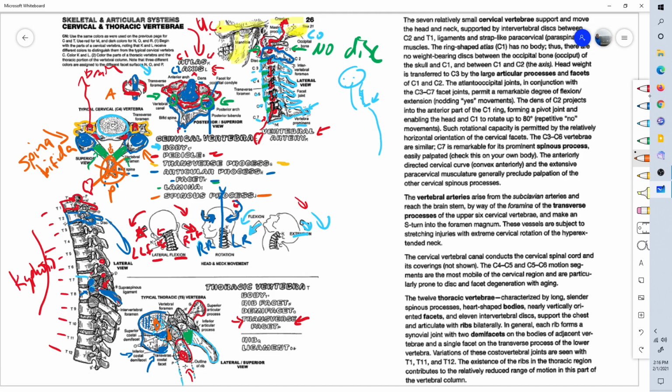Okay, next we have the articular process and the articular facet. Let's make them in yellow. So this is the articular process, just like the articular process was, oh, it's in blue up here. The articular facet and the articular process on the cervical. Right?